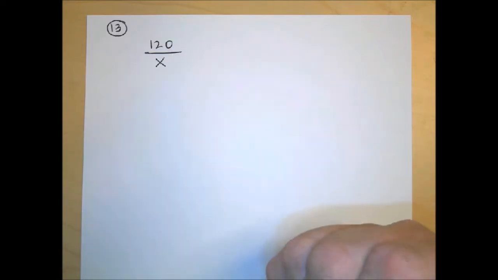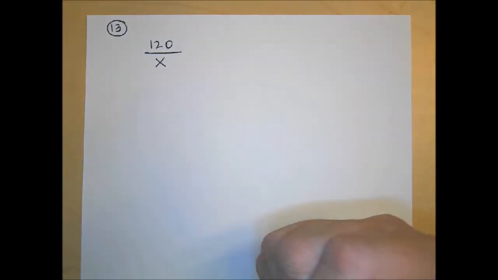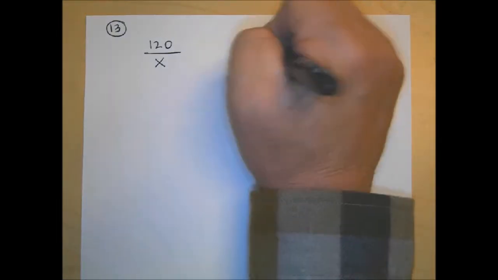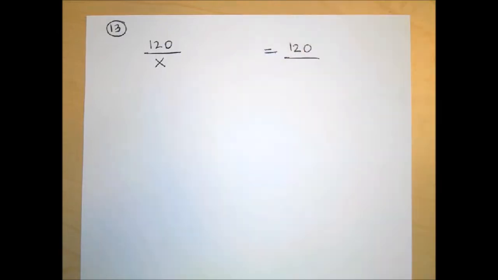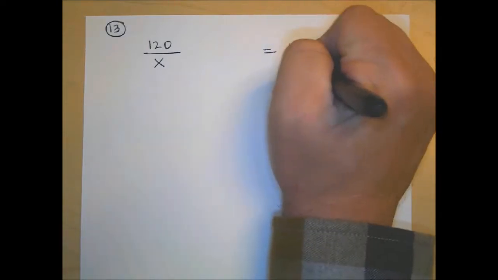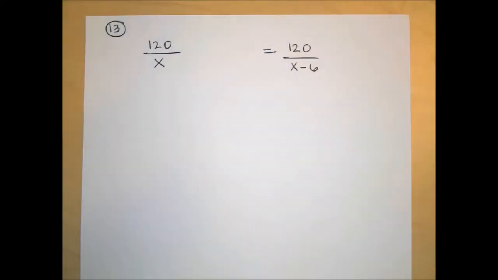That would be the average cost for each person. But something happened. 6 people decided not to go on the trip. So the new number of people on the trip is going to be X minus 6.